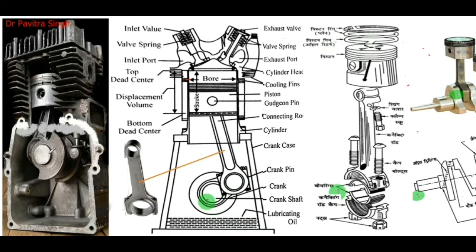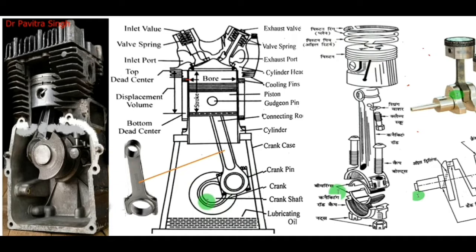You can see this part in the schematic diagram of this engine, and this is called the casing of this engine. In this casing, lubricating oil is filled to lubricate the cylinder during functioning. This lubricating oil cools the surface of the piston and cylinder, mainly the cylinder.